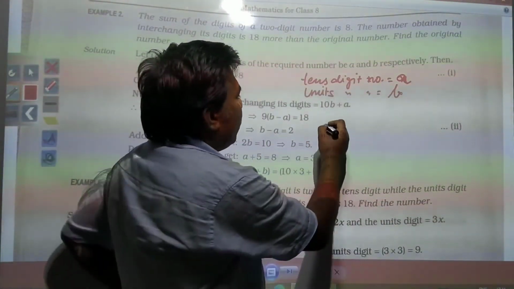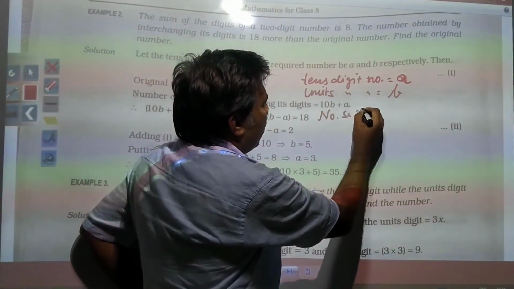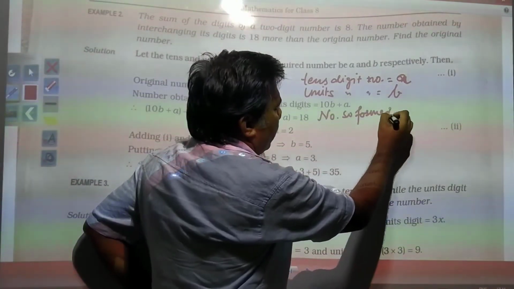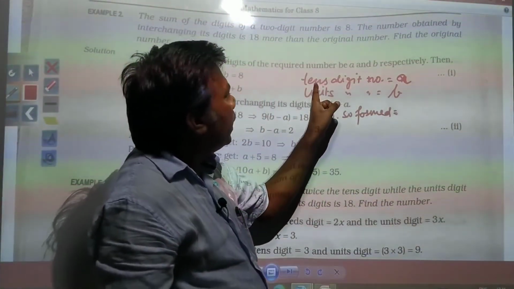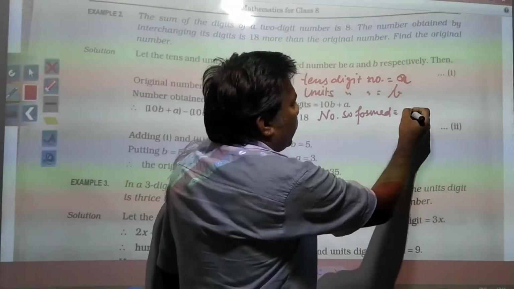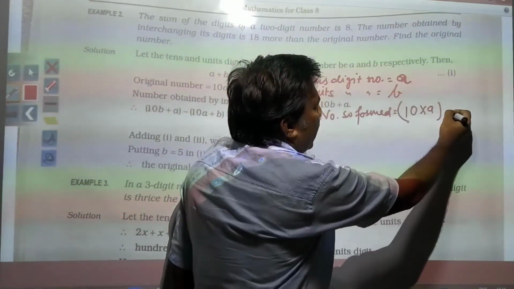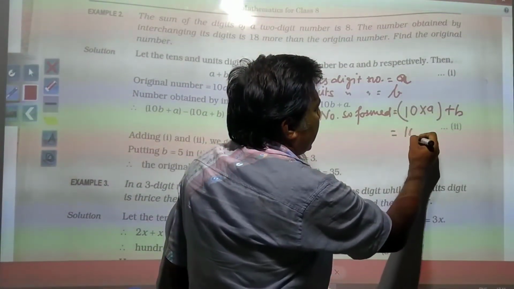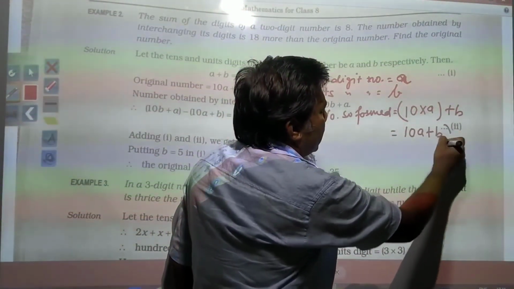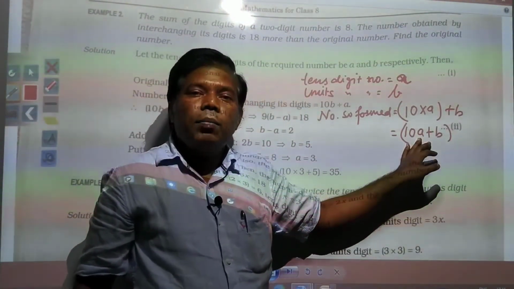Then what will your number be? The number so formed: the tens digit a will be multiplied by 10, so 10 into a plus b. It means 10a plus b. This is your number. Your number will be 10a plus b.